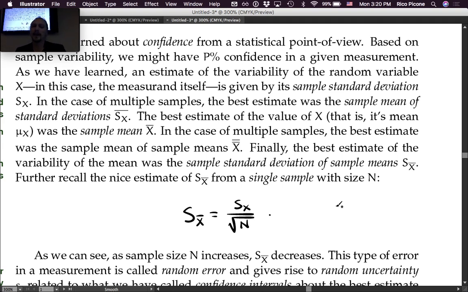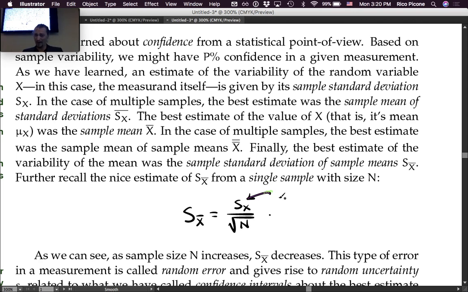So, this was our nice formula for estimating the standard deviation of the means from a single sample standard deviation. Remember, you can also simply take the sample standard deviation of the sample mean values when you have several samples.